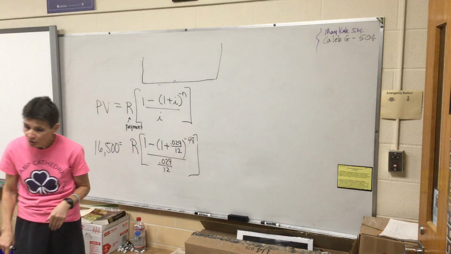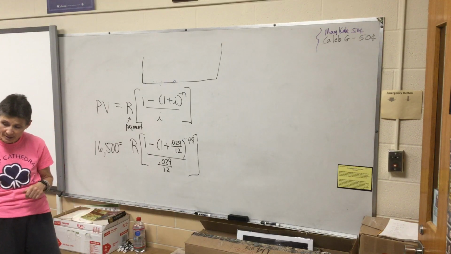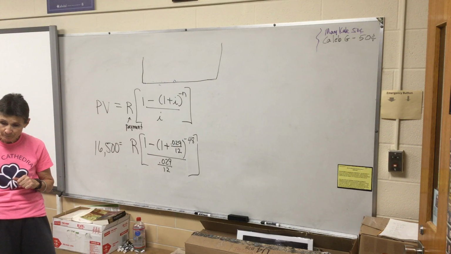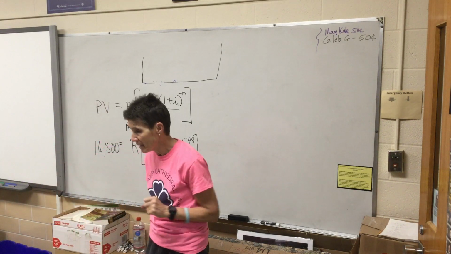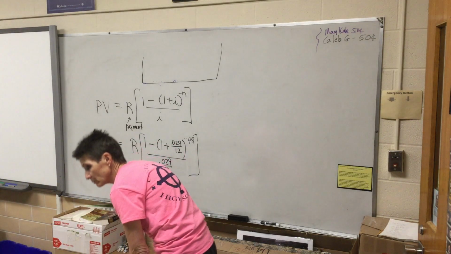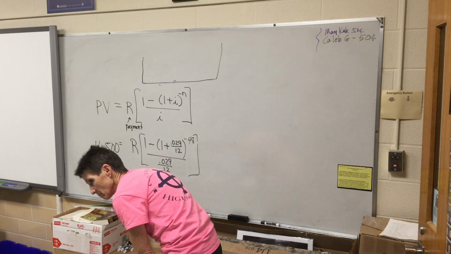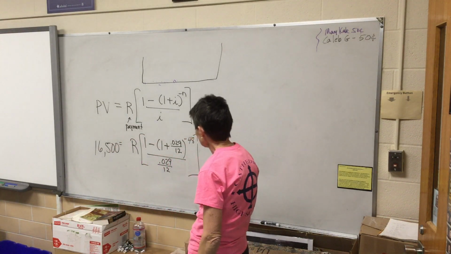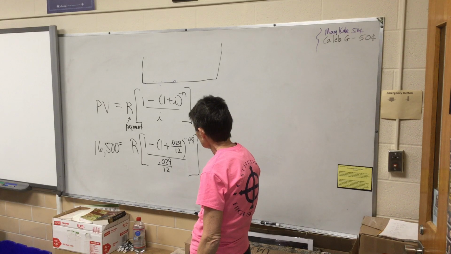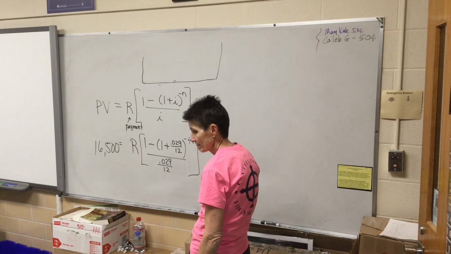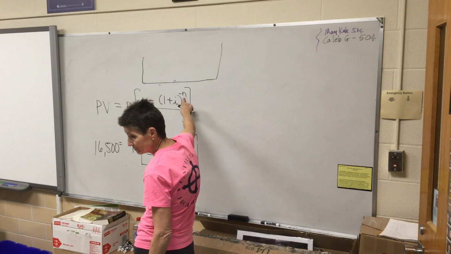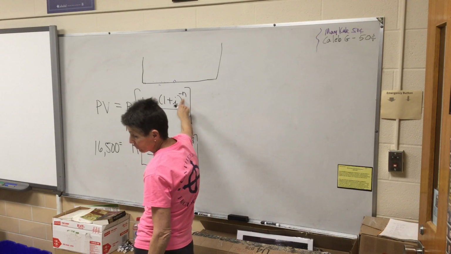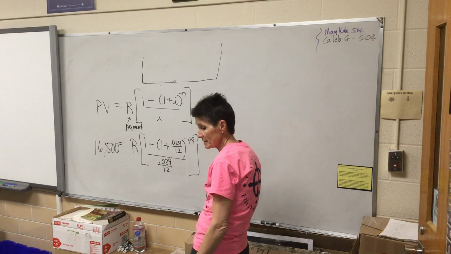I is the interest rate divided by the number of payments per year, and N is the total number of payments made for the loan. Wait, why would that be negative 48? In the formula, it's negative. Oh, okay. And 48 is 4 years times 12 payments a year.